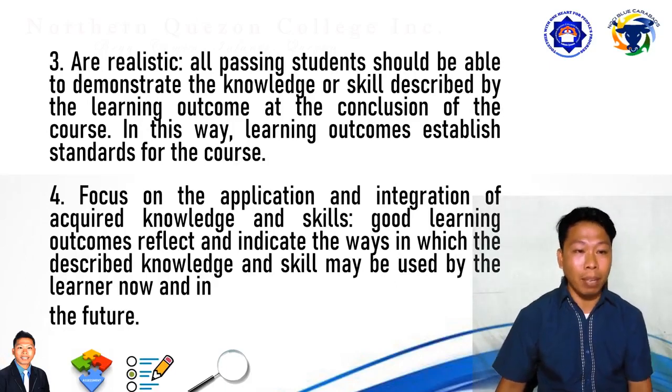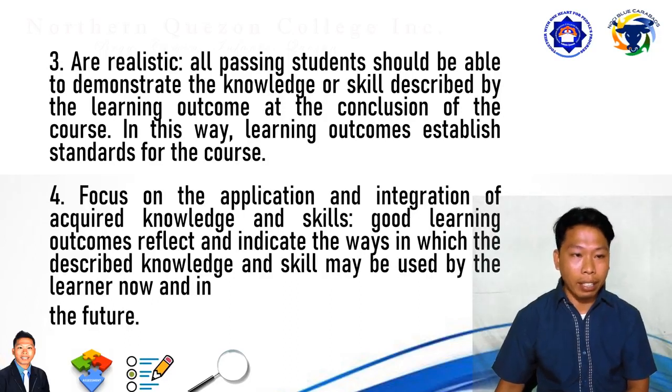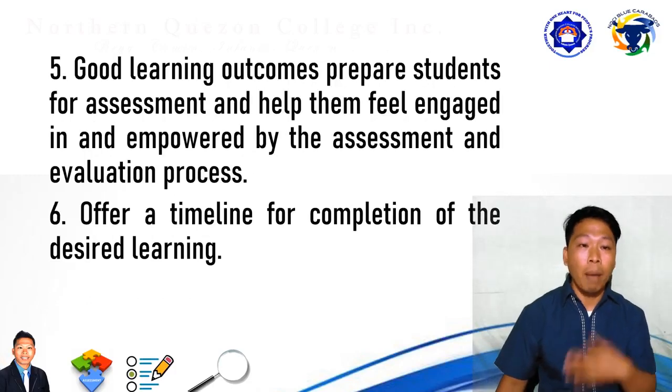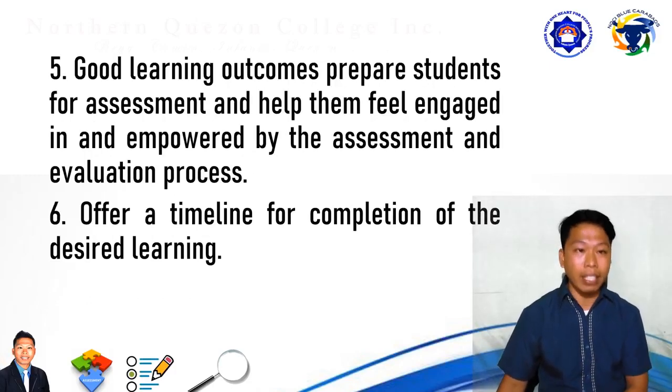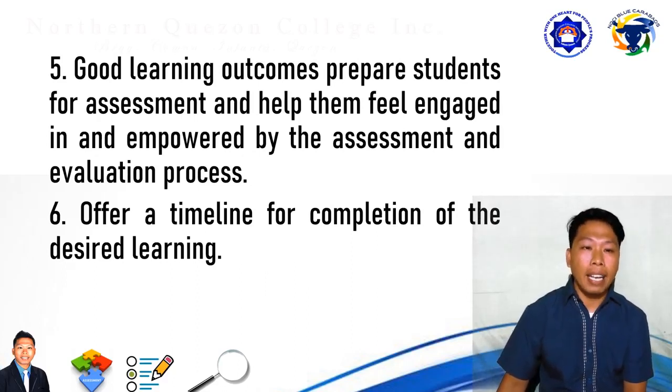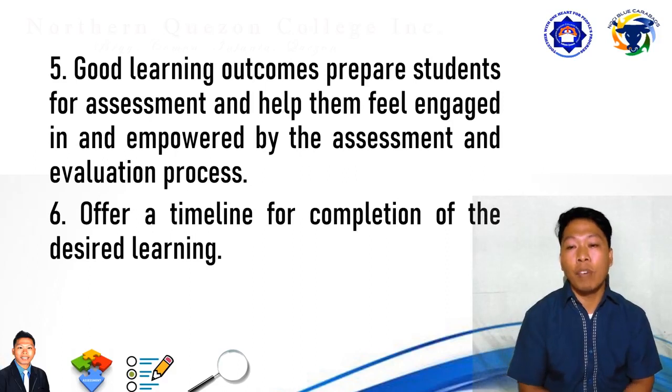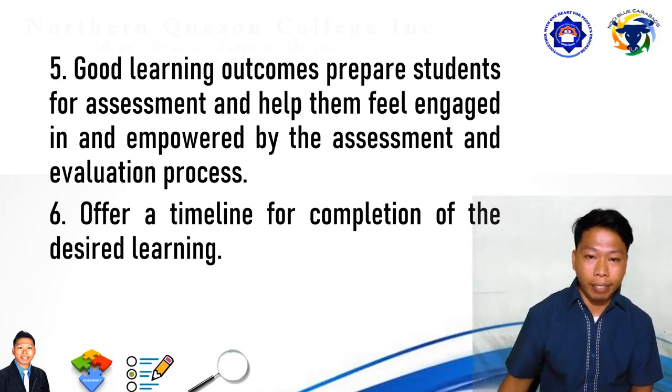Good learning outcomes reflect and indicate the ways in which the described knowledge and skills may be used by the learner now and in the future. Number 5, good learning outcomes prepare students for assessment and help them feel engaged and empowered by the assessment and evaluation process. Number 6, offer a timeline for completion of the desired learning.